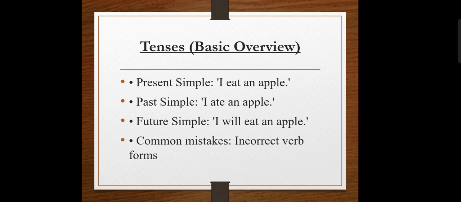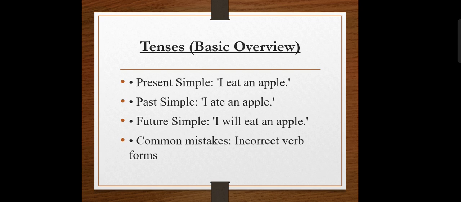These kinds of sentences are used in simple present, which is happening regularly at fixed intervals. And the next is past simple, which refers to what happened before. Then the future simple, which is what will happen in the future. I will eat an apple.